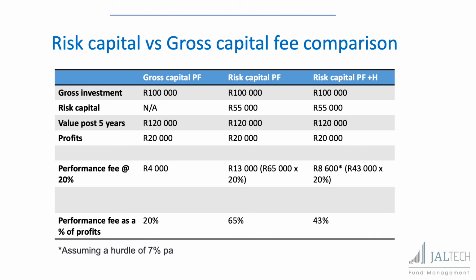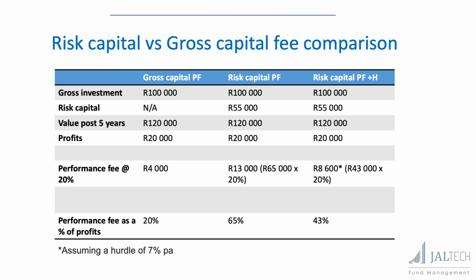When you look at the risk capital performance fee or the net investment performance fee, 100,000 Rand is invested, my risk capital is 55,000 Rand, my value after 5 years is 120,000 Rand. My profit is 20,000 Rand. However, the performance fee is calculated from 55,000 Rand.